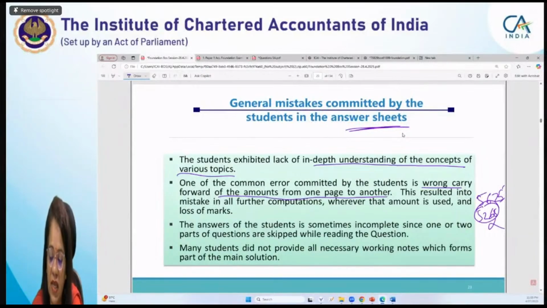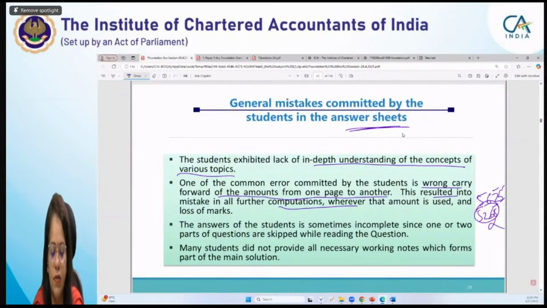So please write the figures very properly. Please keep your mind open. I know there will be many thoughts in your mind, how to solve, what is to be done, but please keep your mind and eyes open while solving the question. This might result in further wrong computation. All the answers will be wrong then. It is always better to see what figure you are carrying forward.